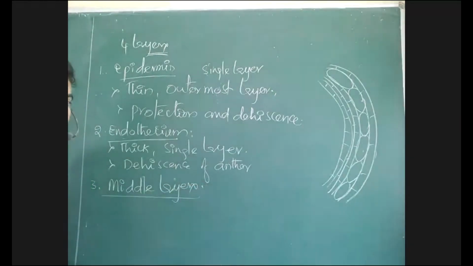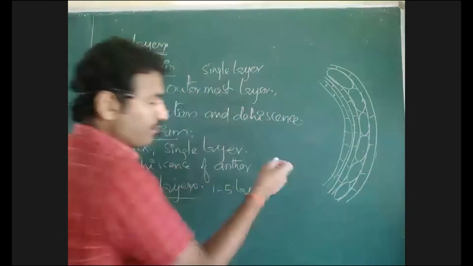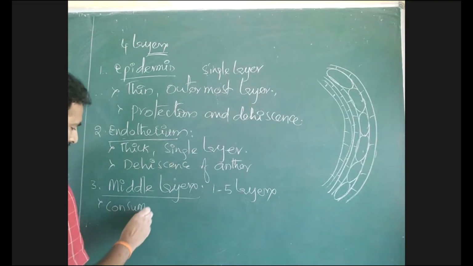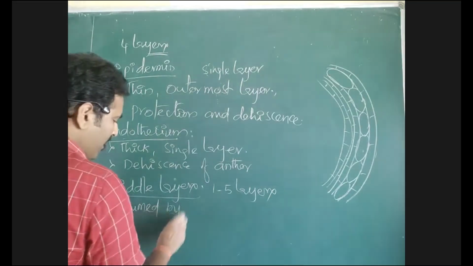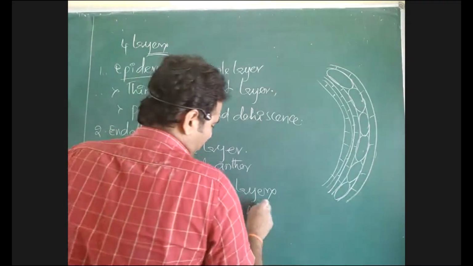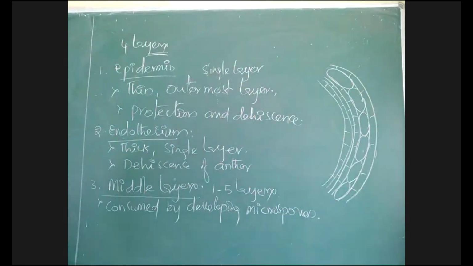Usually the middle layers are 1 to 5 layers of cells, and the middle layers are consumed by the developing microspores. When microspores are developing, they consume the middle layers. That means they will undergo degeneration when microspores are developing.